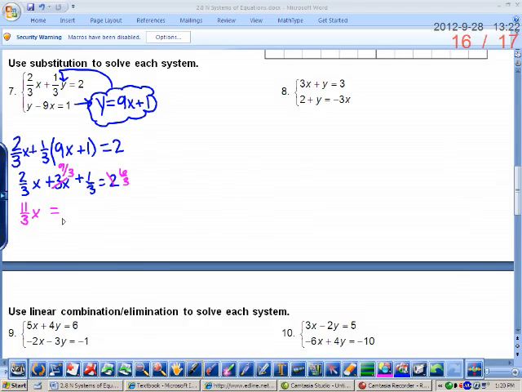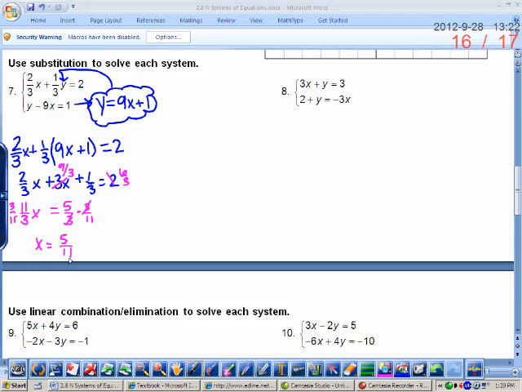Okay, so 6/3 minus 1/3? 5/3. Okay. I want to get rid of 11/3, so what do I multiply both sides by? 3/11. What can I do with these two 3's? Cancel. So I get x equals 5/11.